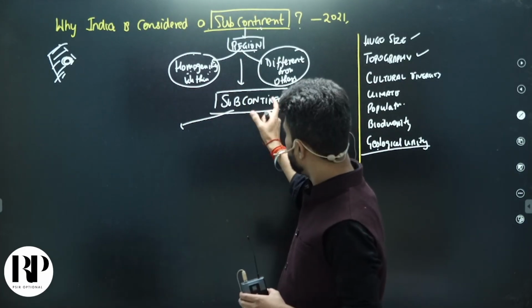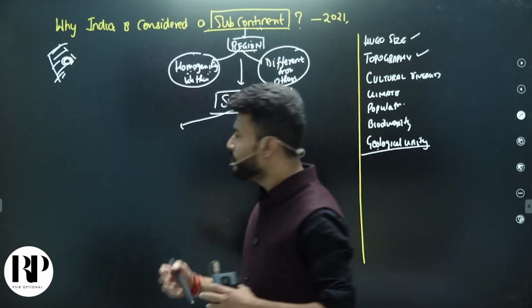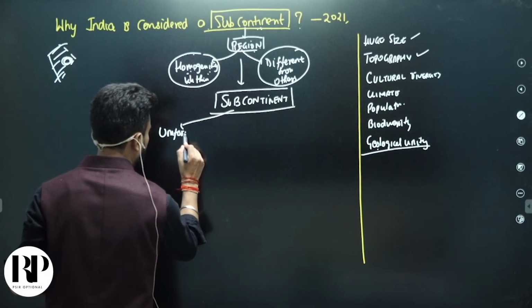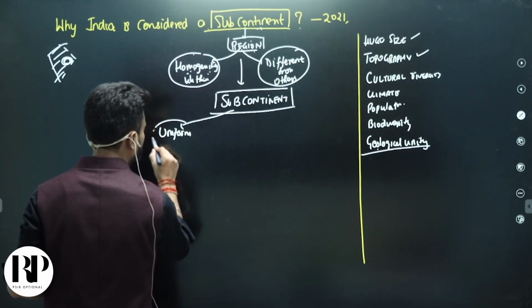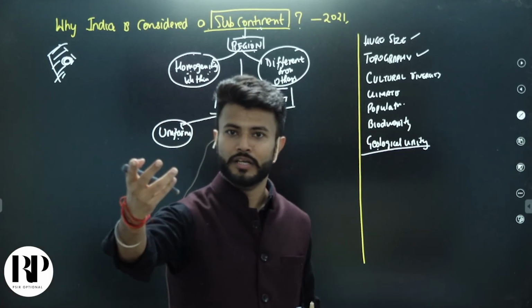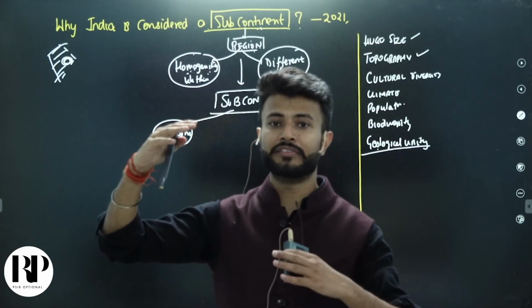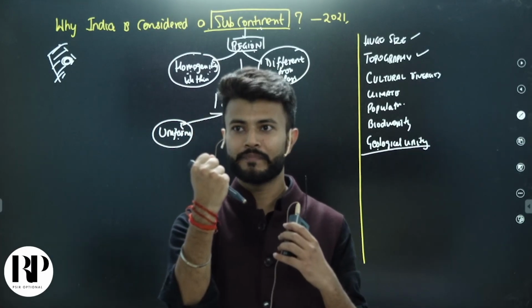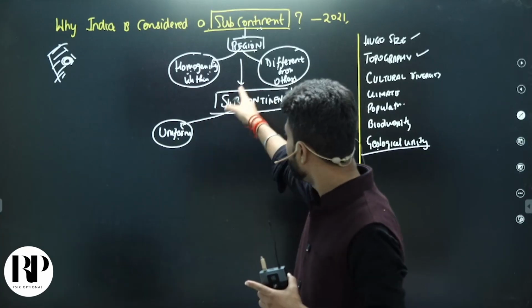If we talk about India as a subcontinent, we have to come up with some points which are uniform within India. For example, you said monsoonal climate. In general, India has a monsoonal climate, which is a unifying factor in India. So that is why India is a region.